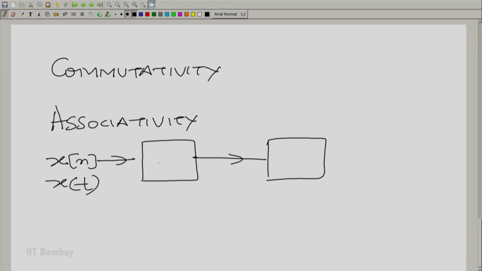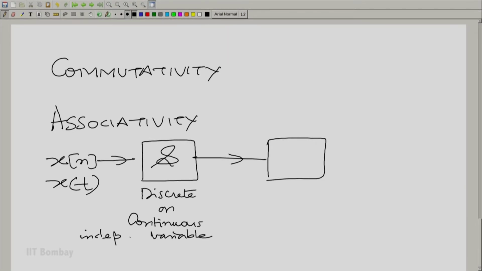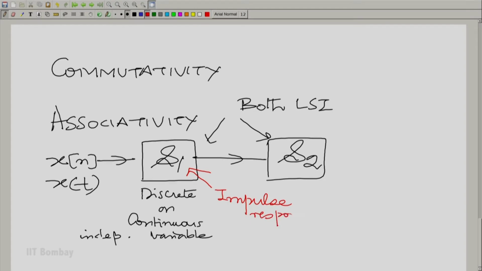So, this is S. S could be either a discrete system or a continuous variable system. Now, we will call this S1 and we will call the second system S2, and both these systems are linear and shift invariant. The impulse response of S1 is h1 and S2 is h2.